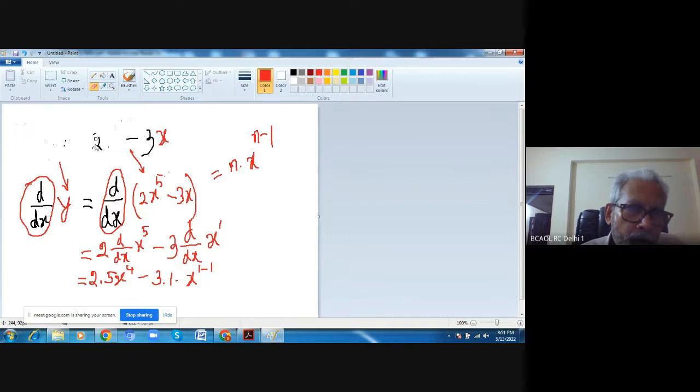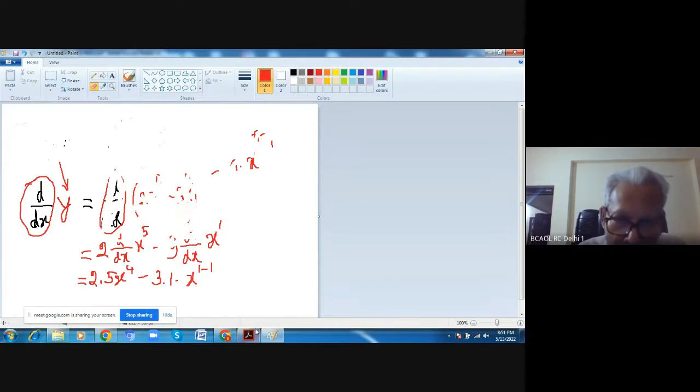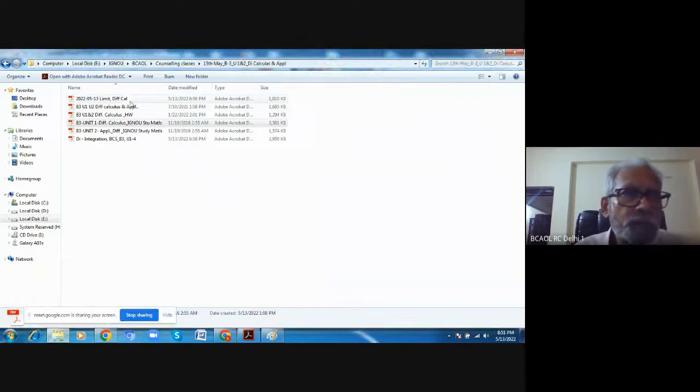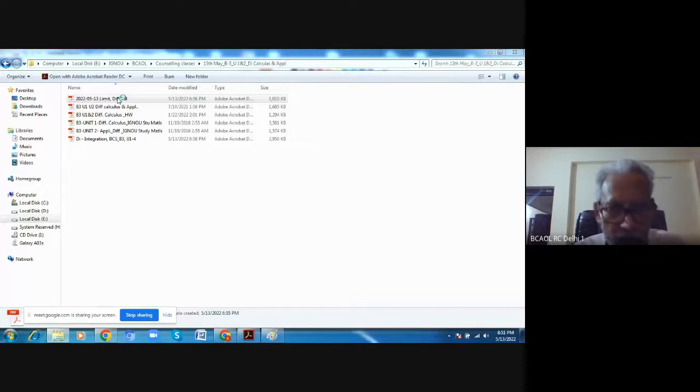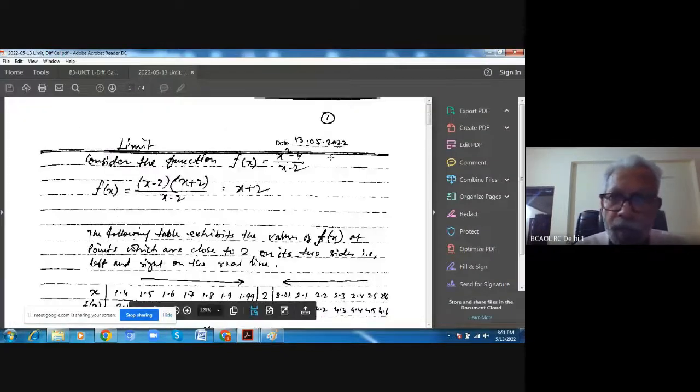Actually, in the study material they have written it, but they should have given the formula on the same side also. That is why, otherwise now the time has come to show that page, the limit page. Actually, I forgot. Here, on the last page, all the formulas are there. Page number 4.